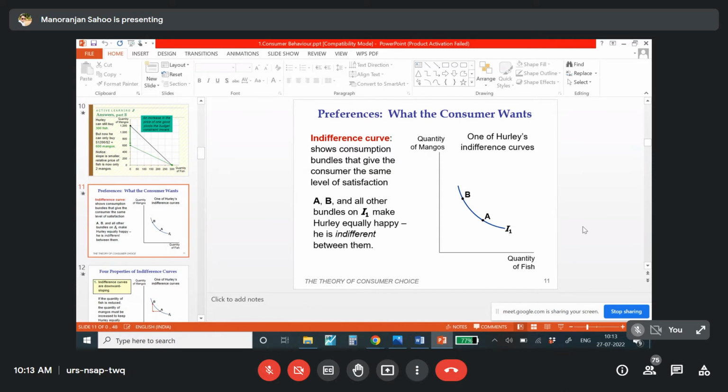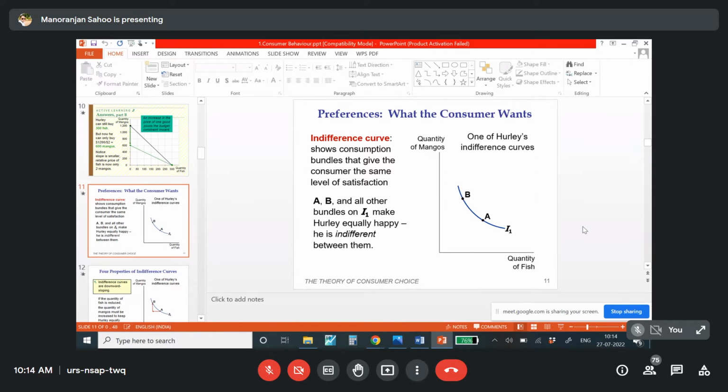Suppose here in this indifference curve, we have two combinations, combination A and combination B. At combination A, he is consuming more fish and fewer mangoes.